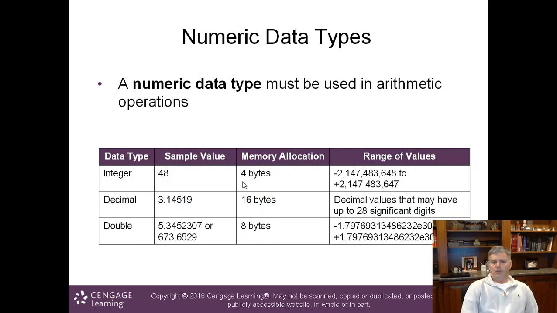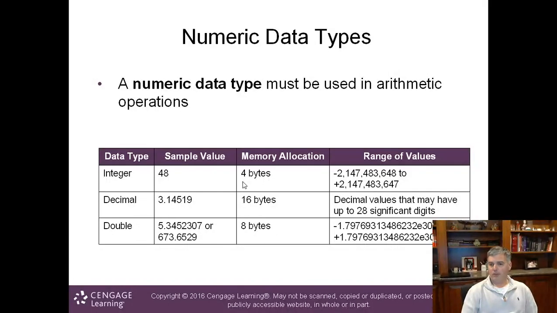So these are the basic numeric data types that we're going to be dealing with in this chapter. Integers are whole numbers. A sample value for an integer is just 48. Any whole number, no decimal points, is an integer. Memory allocation is how much memory each variable is going to hold.